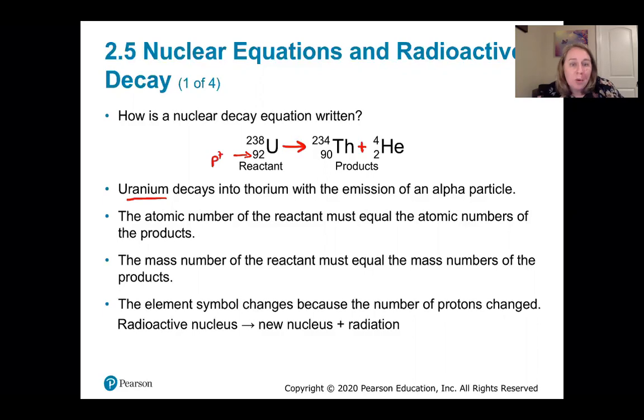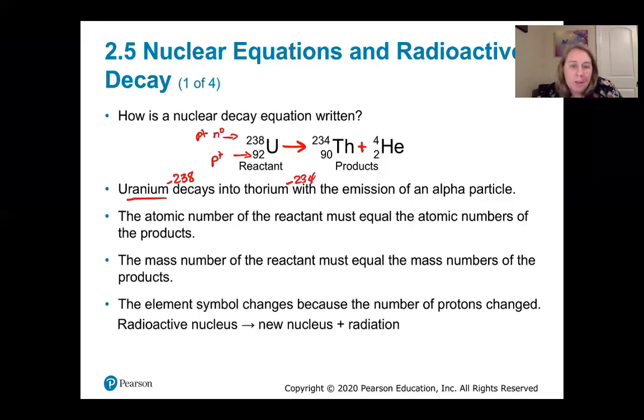Usually we would be told uranium-238 decays into thorium, and you would have to be told thorium-234, with the emission of an alpha particle. I'm told that's uranium-238, so I know this is my protons plus my neutrons.